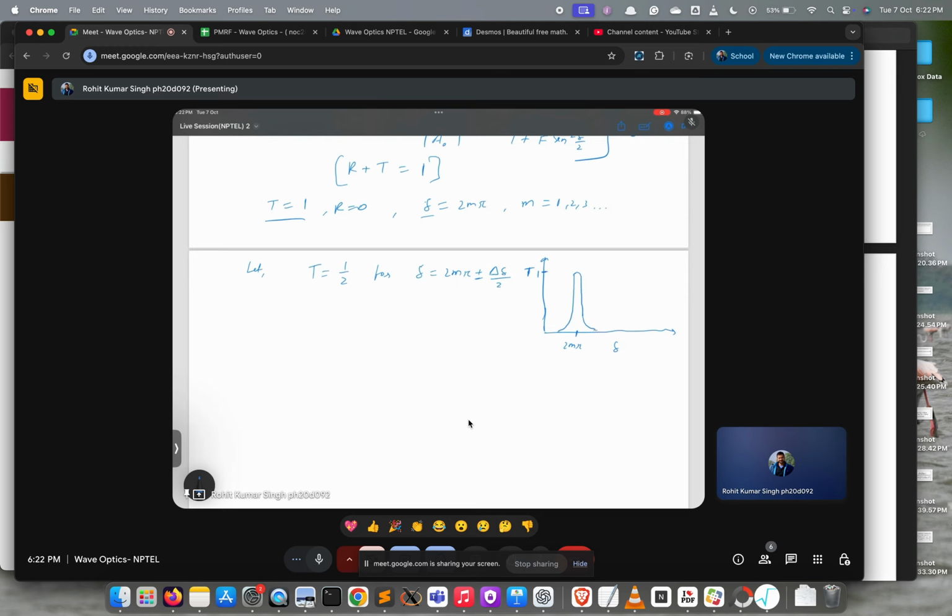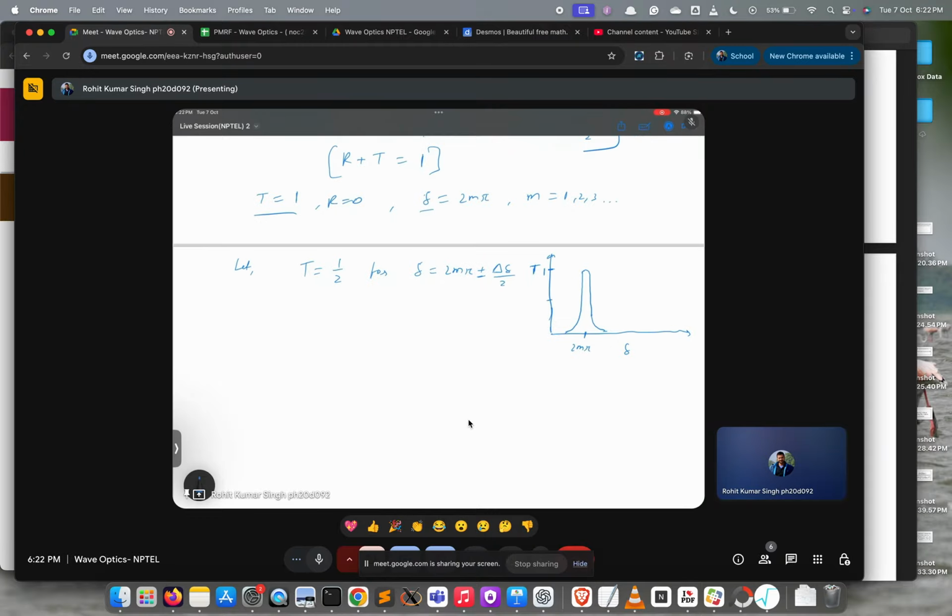Now we are looking at when t is equal to half. So what happens at t equal to half? We are basically looking at this point, right?